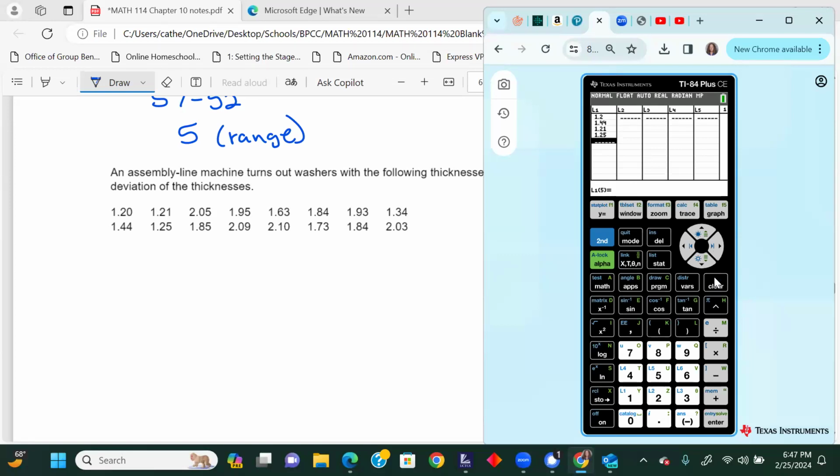Order that you put these in doesn't matter. I kind of eye these. I think I got them all.